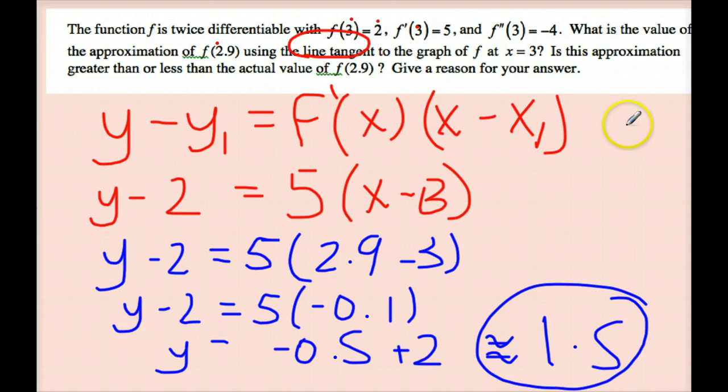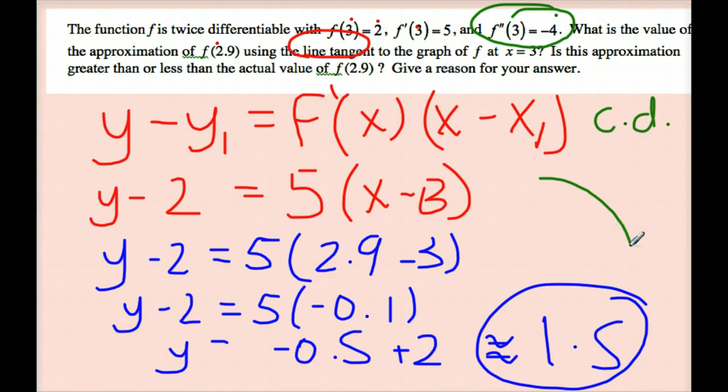Then it asks whether this approximation is greater than or less than the actual value. What we see is our second derivative is negative. If my second derivative is negative, I'm concave down, down like a frown.